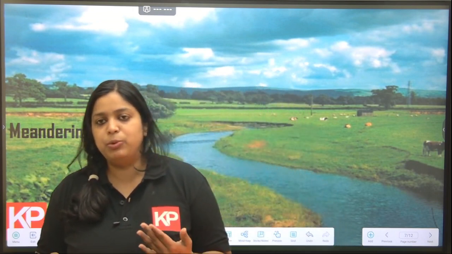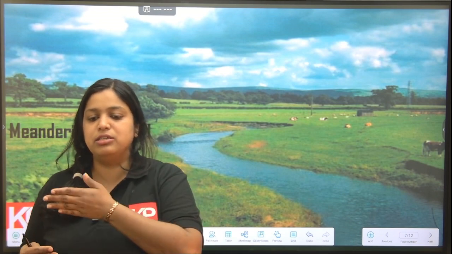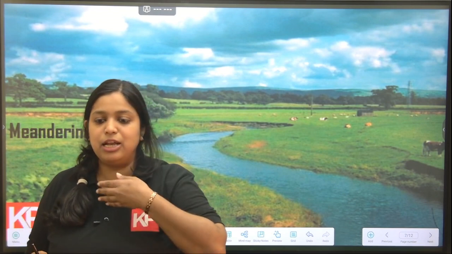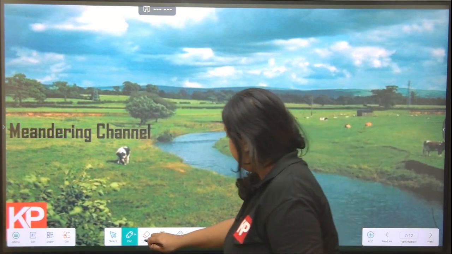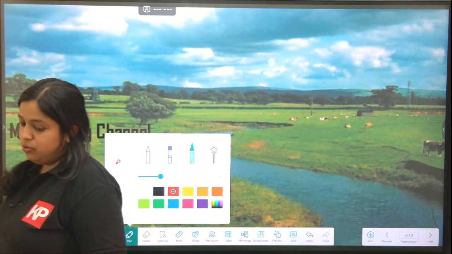What is sinuosity? Sinuosity defines the irregularity of the channel course. How can we measure the irregularity of the channel course? We'll measure the length along the center of the channel. For example, you can see a river course over here.